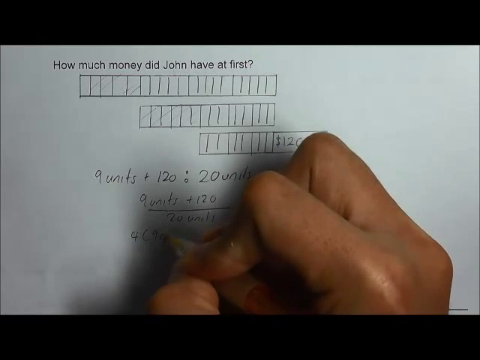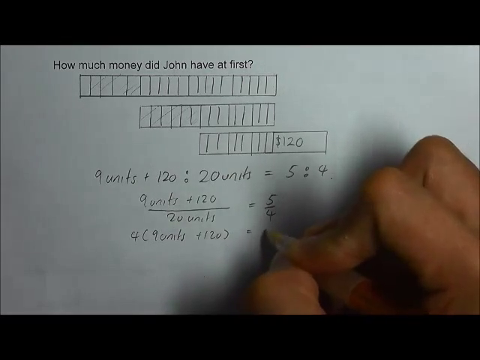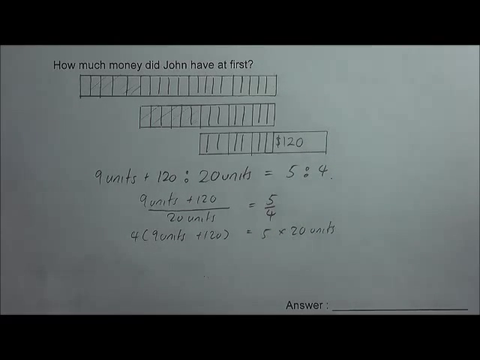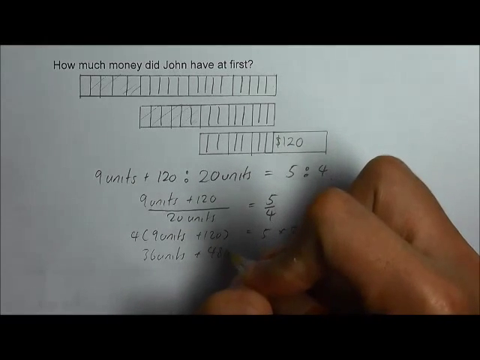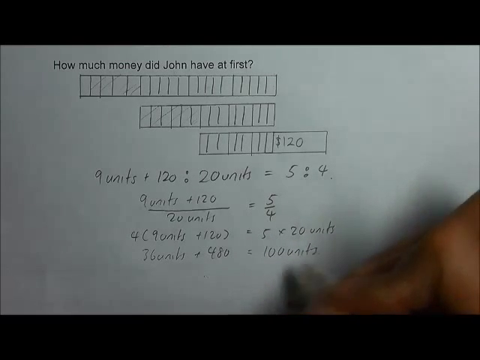4 times (9 units plus 120) is equal to 5 times 20 units. So 36 units plus 480 is equal to 100 units.